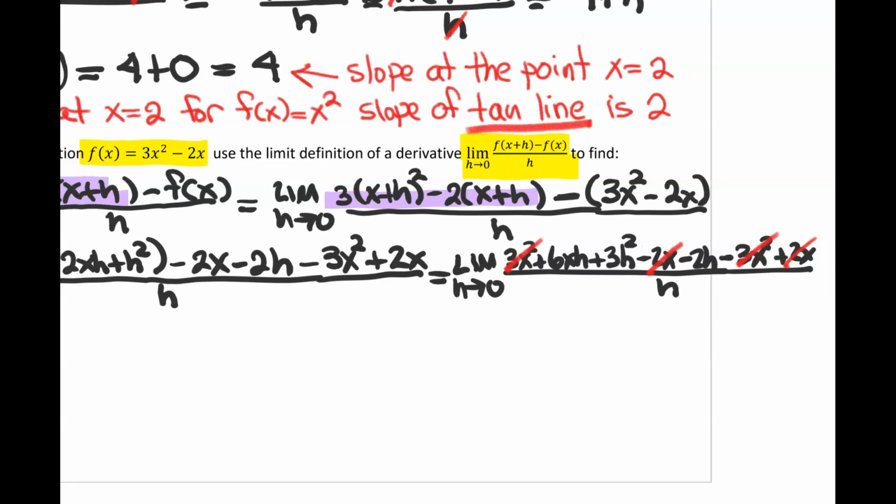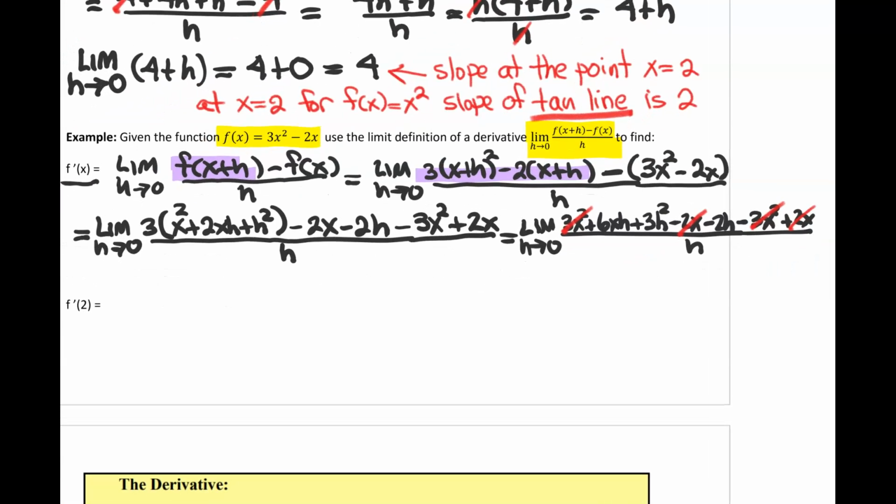So let's bring it back over here. So I still have my limit as h goes to 0. And then factoring the h out of the top, it's going to leave me with a 6x, a 3h, and a minus 2, over h. All right, h's cancel.